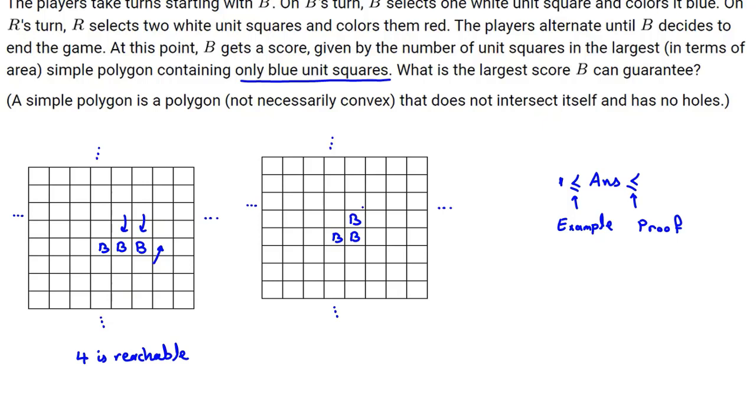Now in this case, the adjacent cells are 1, 2, 3, 4, 5, 6, 7. Yes, 7. Now R can remove 3 times 2, because after 3 B's R also plays 3 times, and in each turn R places 2 reds, so 6 of them will be removed and 1 will be left. Because 1 will be left here, 4 is also reachable.